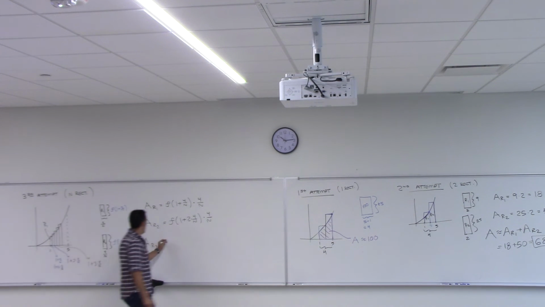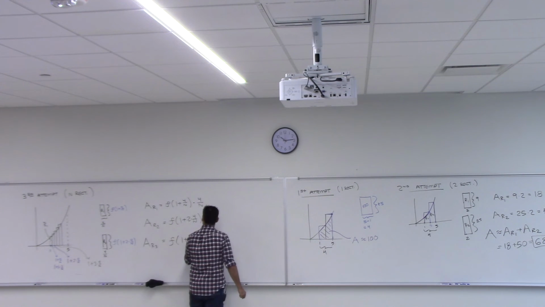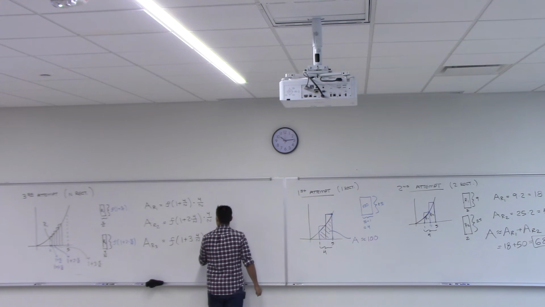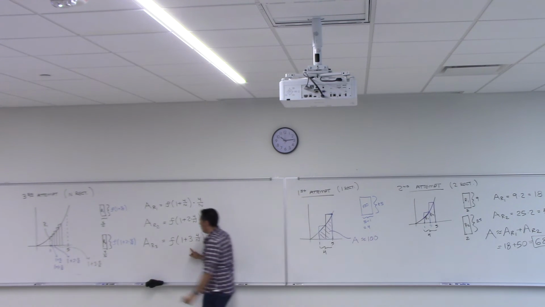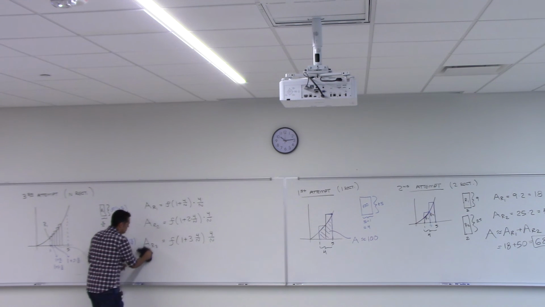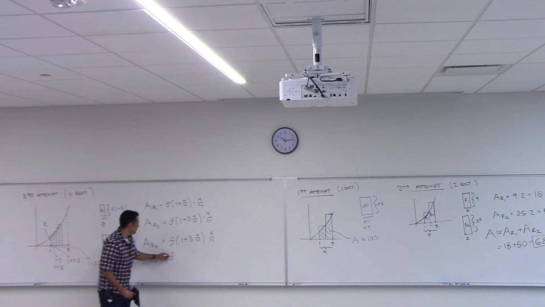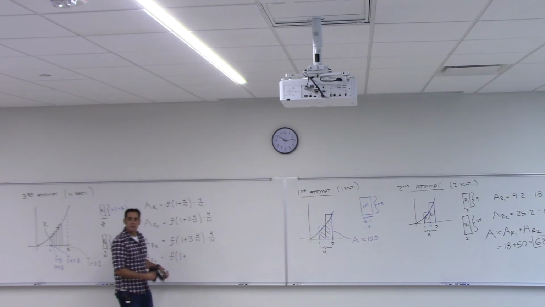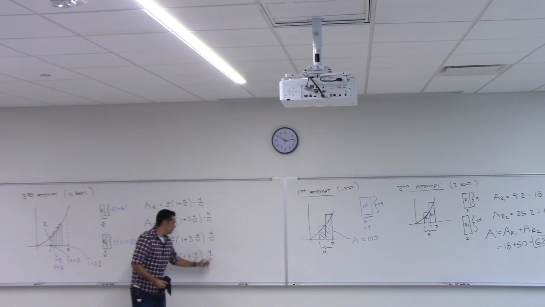So I would put f of 1 plus 3 jumps of 4 over n times 4 over n. Yes? Let's do the area of the fourth rectangle. It would be f of 1 plus 4 jumps of 4 over n times 4 over n.